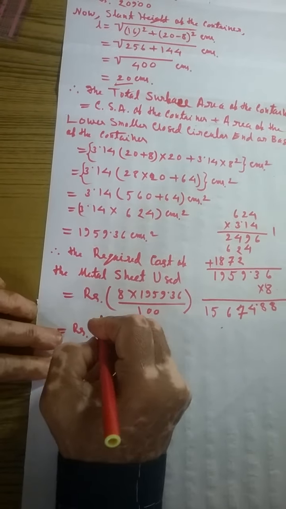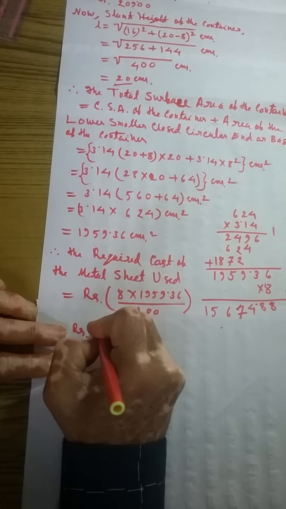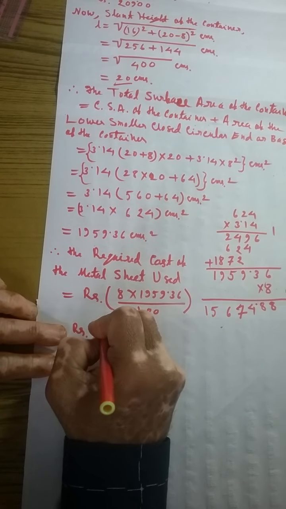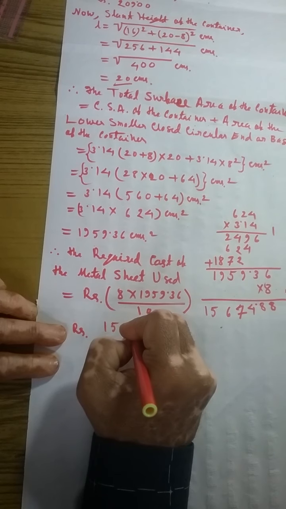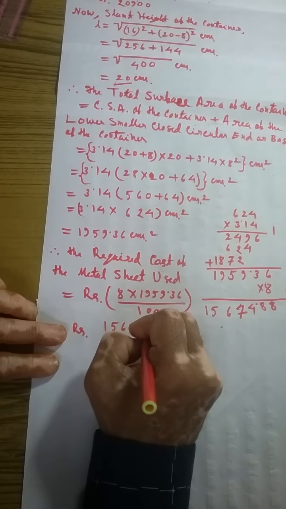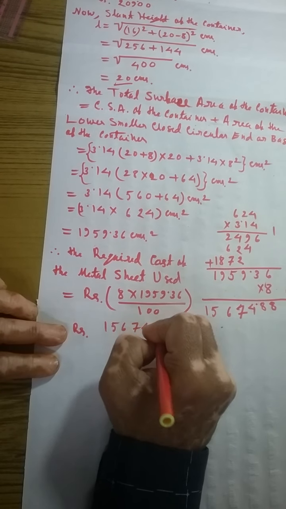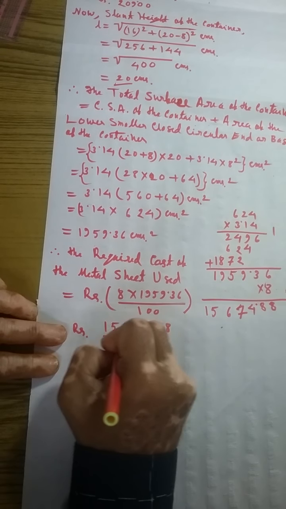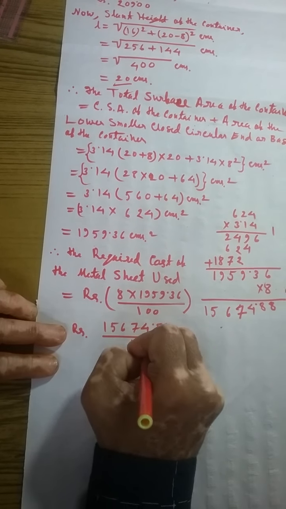So this is again equal to rupees 15674.88 by 100.